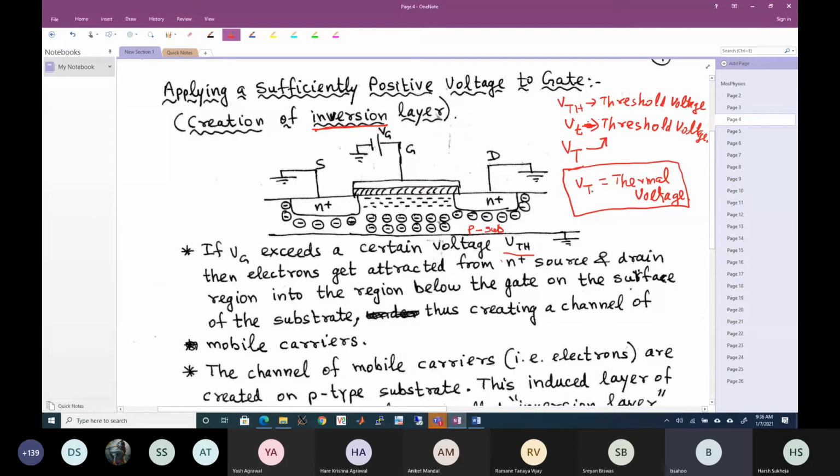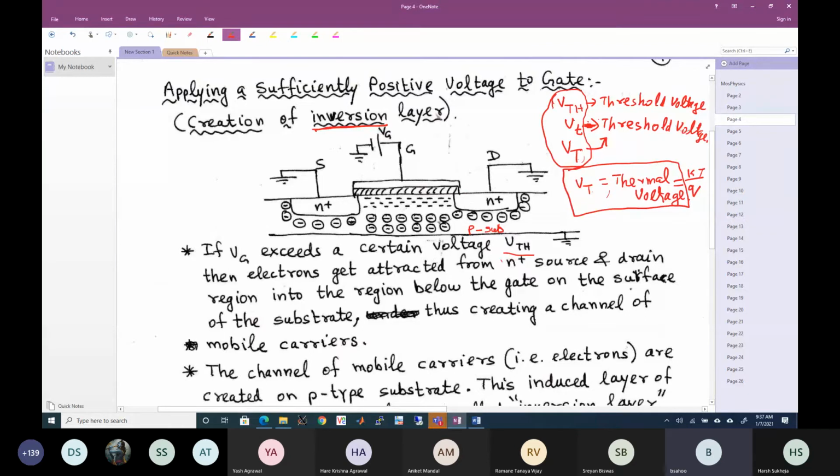VT as thermal voltage is equal to KT over Q, where K is Boltzmann's constant, T is temperature in Kelvin, and Q is electron charge. Sometimes I write it as VT because it is easier to write one letter, so we'll be interchangeably using this. Please understand from the context.